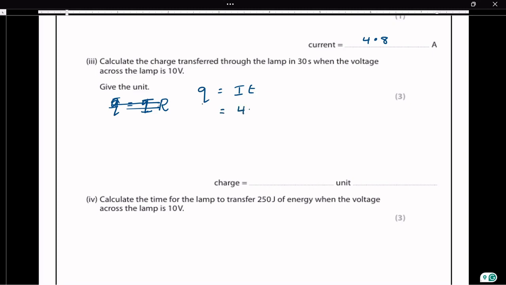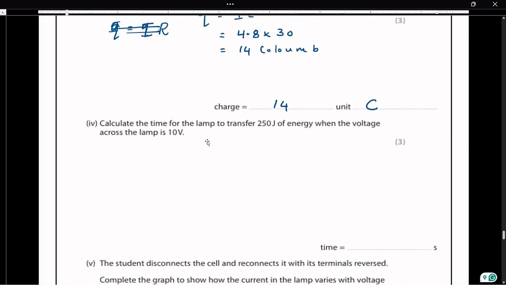We got the current as 0.48 at 10 volt, times 30 seconds. The time is given here, 30 seconds. So 0.48 times 30 will give 14 coulomb. So we can write the answer here, 14, and the unit is coulomb, C.